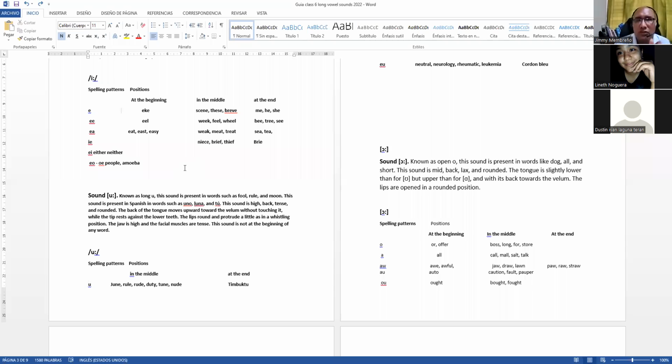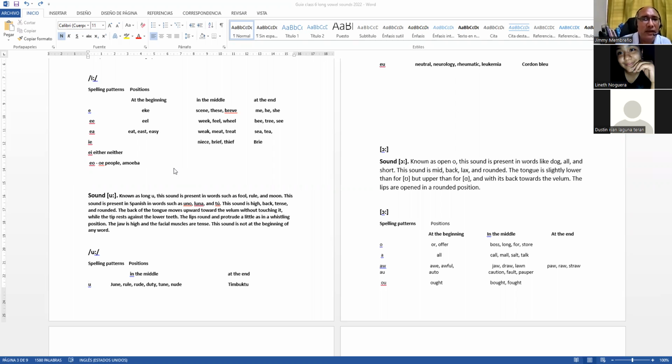Then we have the double E, okay? Double E right here. That one is also a spelling pattern for the long E sound, okay? That's another pattern for the long E sound.